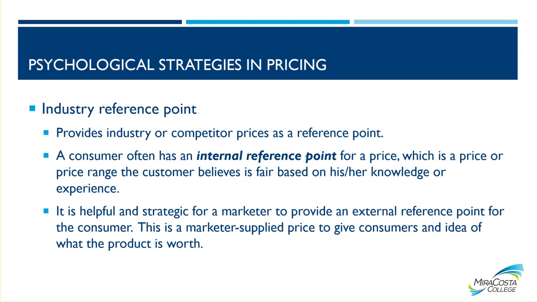Industry reference point provides industry or competitor prices as a reference point. A consumer often has an internal reference point for a price, which is a price or price range the customer believes is fair based on his or her knowledge or experience. It is helpful and strategic for a marketer to provide an external reference point for the consumer. This is a marketer-supplied price to give consumers an idea of what the product is worth.